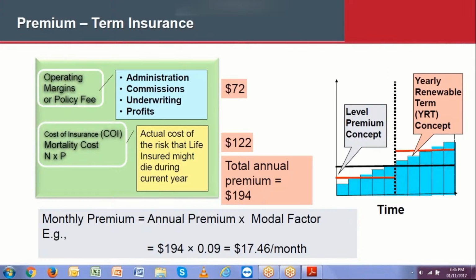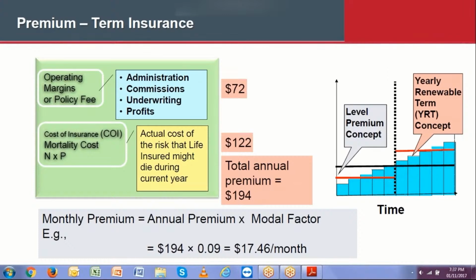When we look at term insurance, there are operating margins that have to be covered, and those are what we call policy fees. We have to cover the administration costs, commissions for you as a salesperson, underwriting, and of course, the insurance company has to make money as well, so profits. So the insurance company will look at the monthly cost of the insurance times the policy fee, and that will be the actual premium that the client pays.